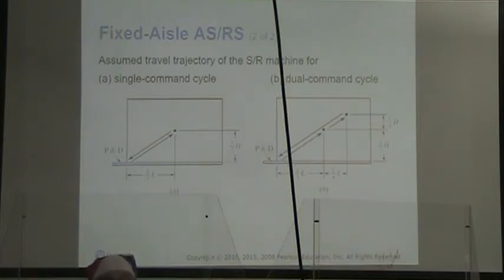And we would calculate how many trips a day it would make by assuming that the average trip is to the center of the AS/RS machine.